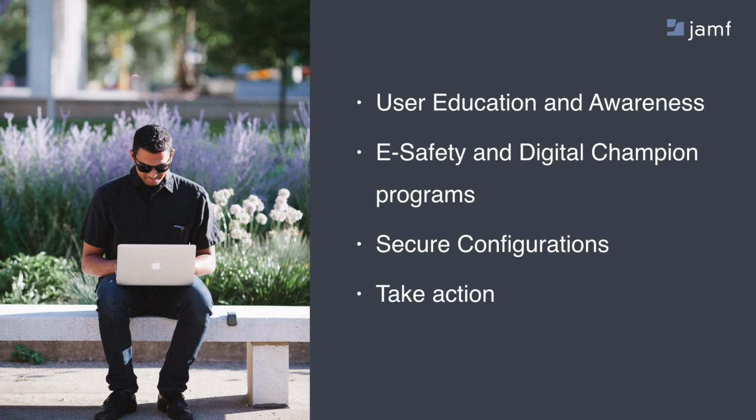Have the ability to take action, deploy a software or security update, force encryption before providing access to resources, reporting on the status of your organization's devices. And finally, have controls in place for when a device is lost or stolen, and be able to report what state that device is in.